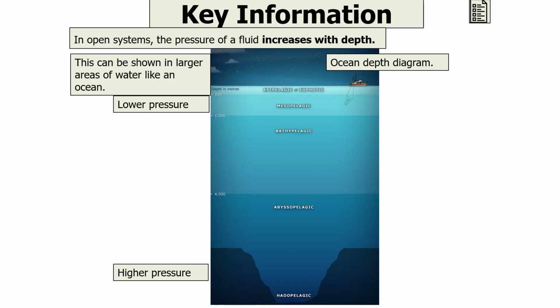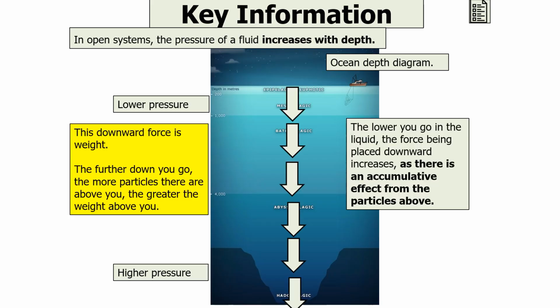And this can be shown in larger areas of water, like an ocean. You can see here that there is a liquid and the force being placed downwards increases the lower you go, as there's a cumulative effect from the particles above it. This downward force is weight, and the further down you go, the more particles there are above you in the fluid, so the greater the weight above you.